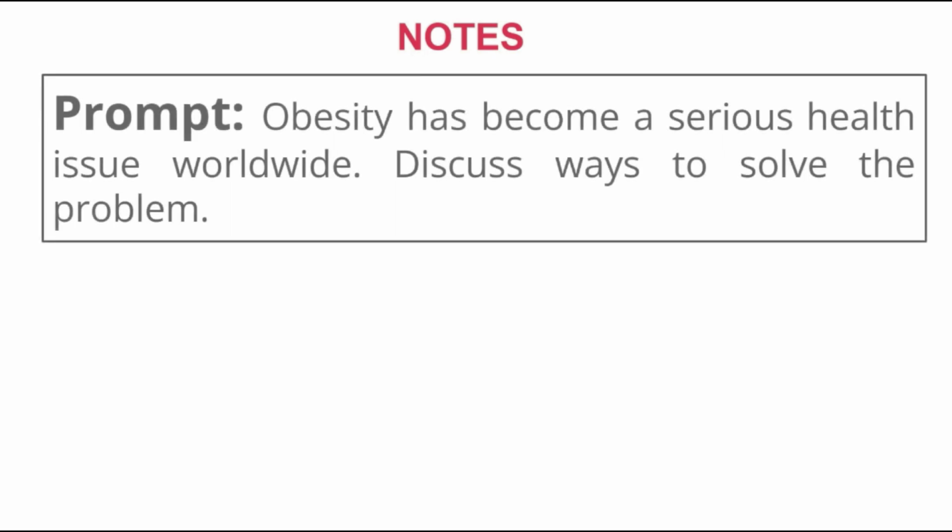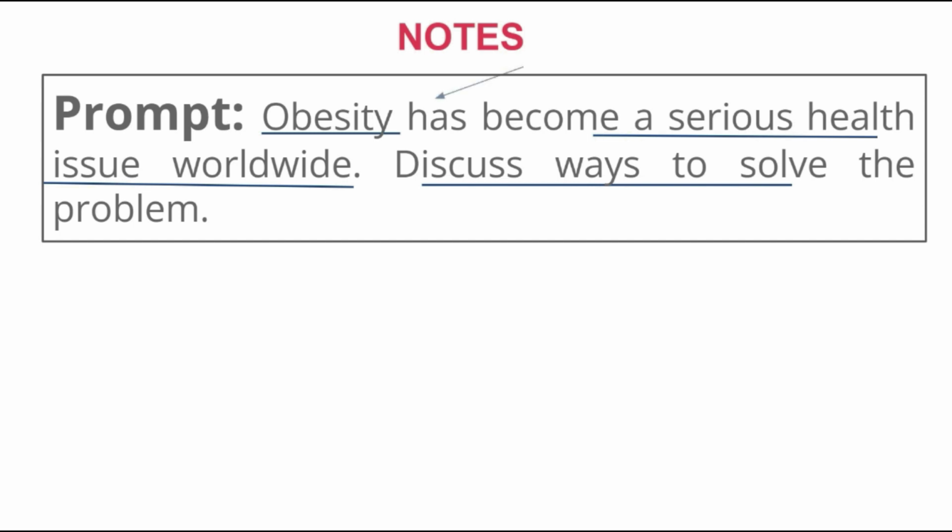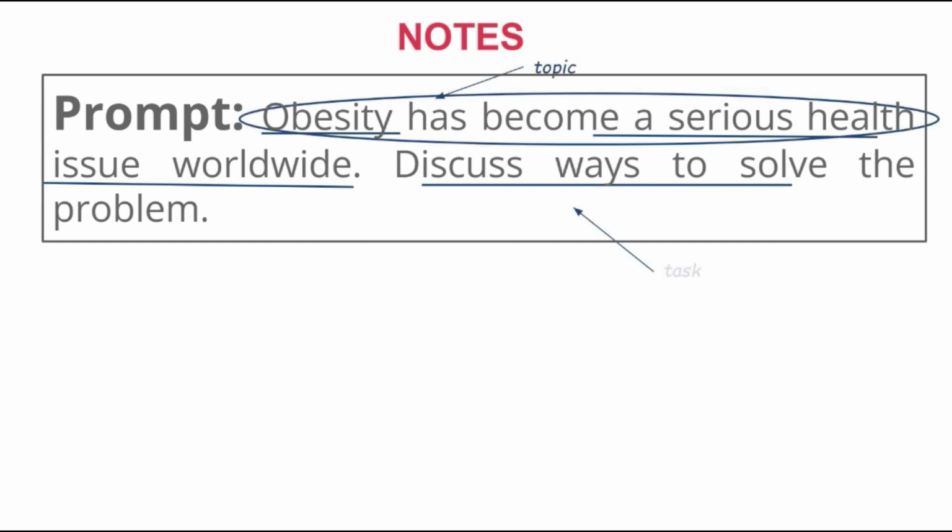Here is what my notes usually look like if I only have a pen. So if there is a prompt, the prompt will be typed, of course. I'll use basic lines to underline the key words. Then I need to find the topic and the task, and I usually circle them. Like that.